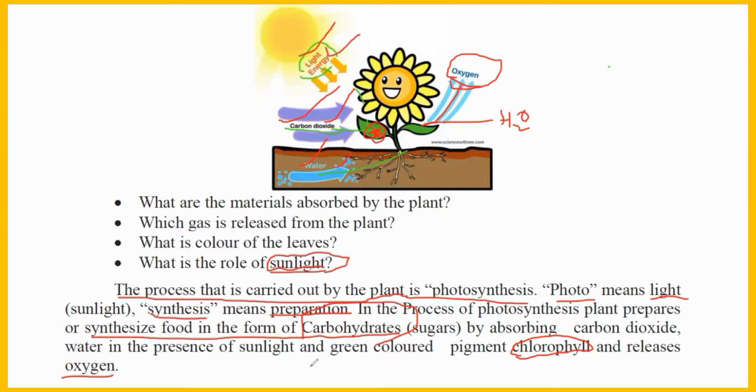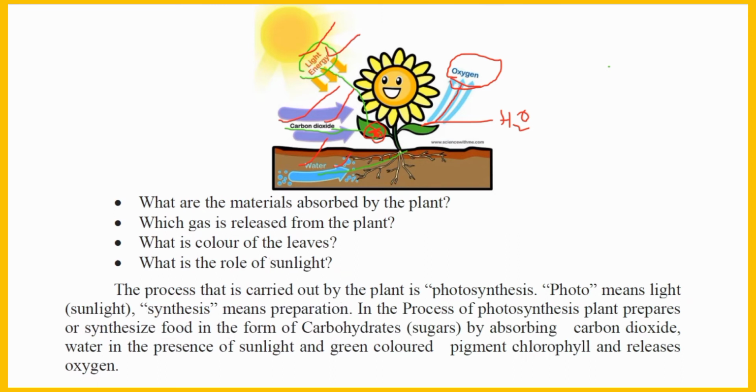In the presence of sunlight, with the help of chlorophyll or chloroplast, green plants prepare their own food, which is called photosynthesis. So this is the easy definition you should remember.